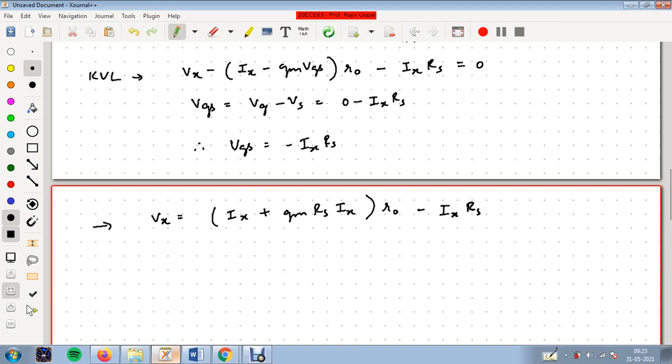So if you solve this, find out what is R out. R out here is Vx by Ix, which is actually R0 plus Rs plus Gm R0 Rs.